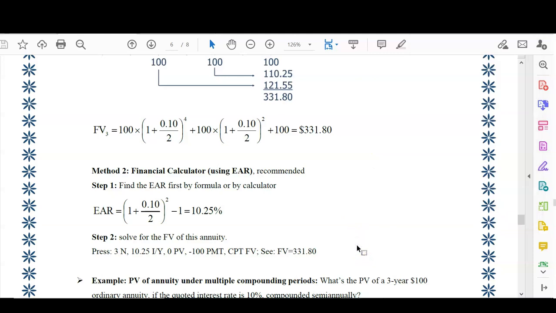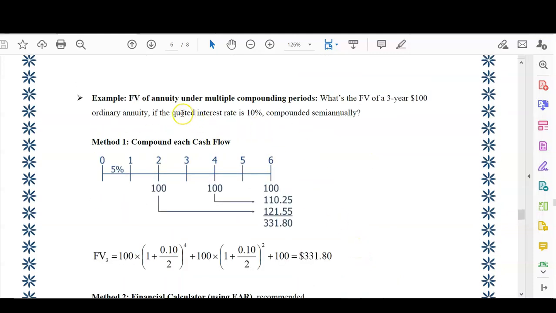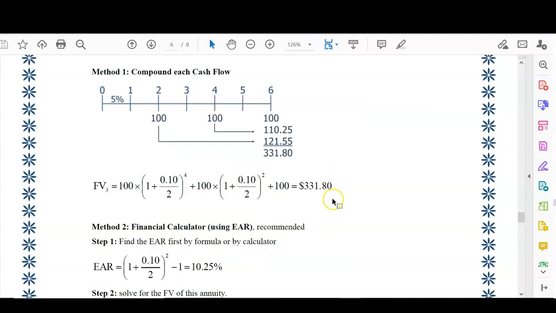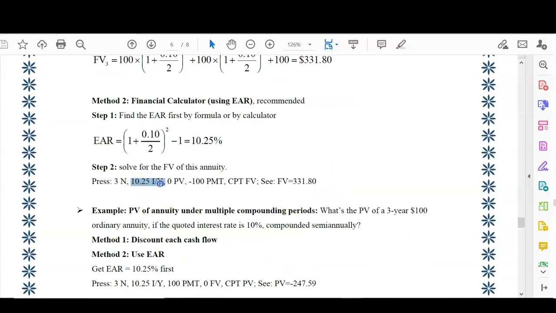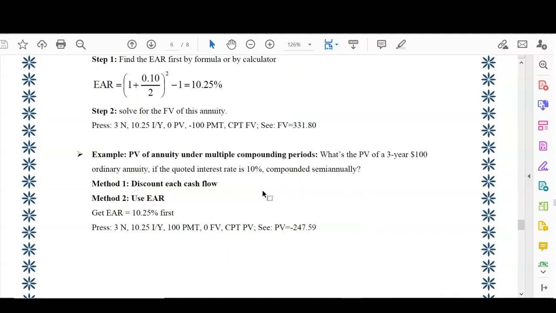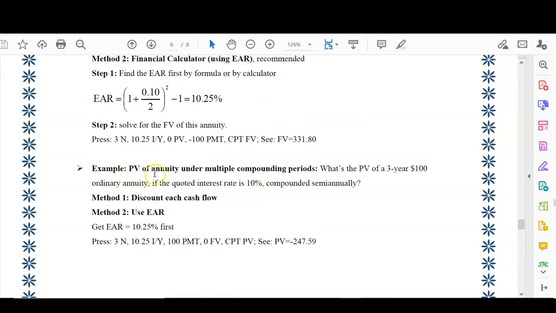If we want to use the calculator, step 1, convert this nominal rate of 10% compounded semi-annually into an effective annual rate. Step 2, use the effective annual rate with the number of years and calculate the future value. Another example here is the present value of the same annuity. Method 1, you can discount each 100 one by one and add them up.